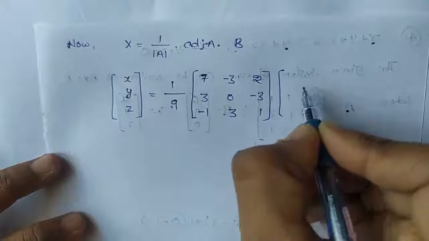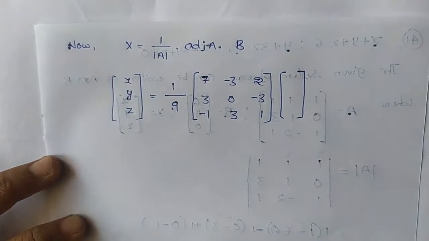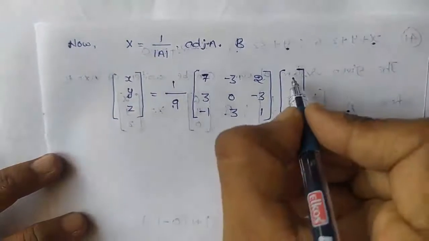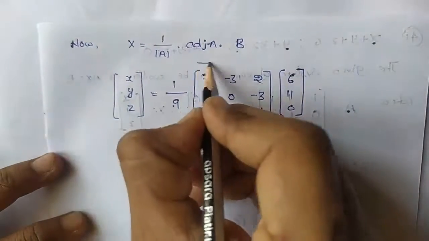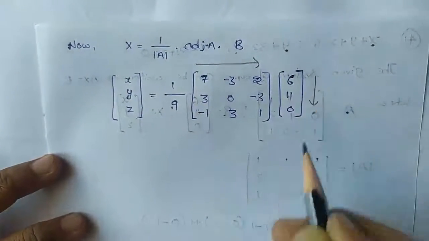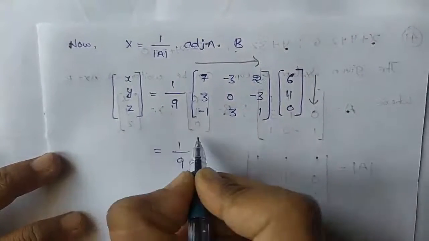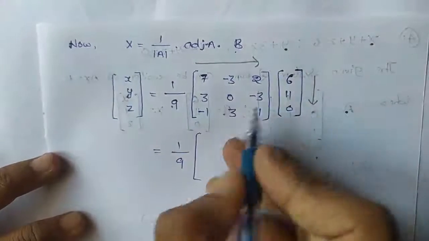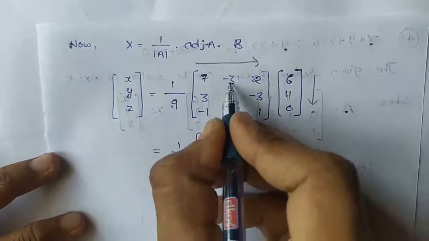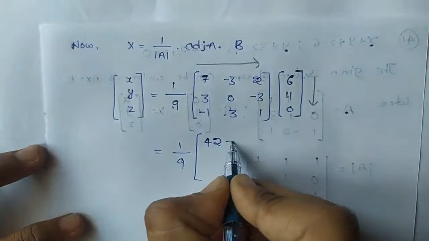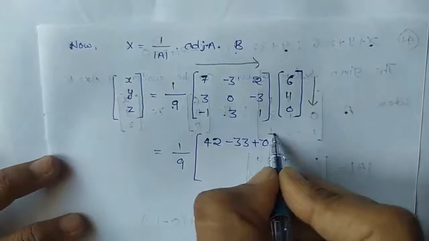Next, write the matrix B, the constant matrix. See the starting step we have written, I have written 6, 11, 0. Now do the multiplication part. Multiplication of the matrices, that is equals to 1 by 9 into 7 into 6, 42, minus 3 into 11 is 33, plus 0. 2 into 0 is 0.